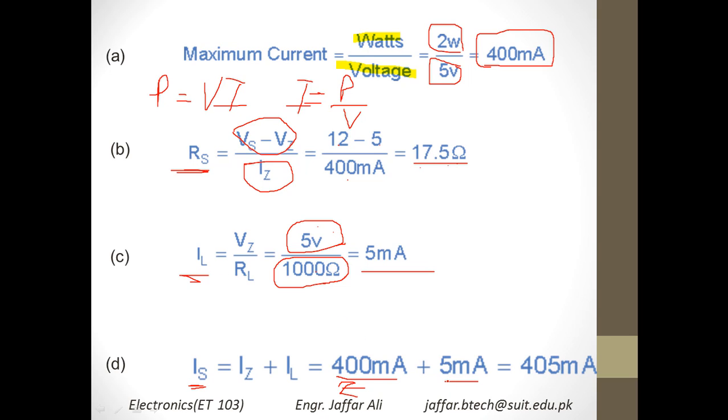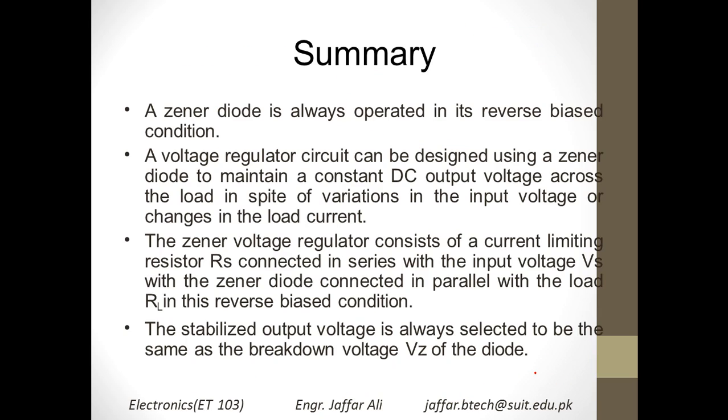This is for the load. So the total current that you will be withdrawing from the 12 volt DC power supply is actually 405 milliampere.